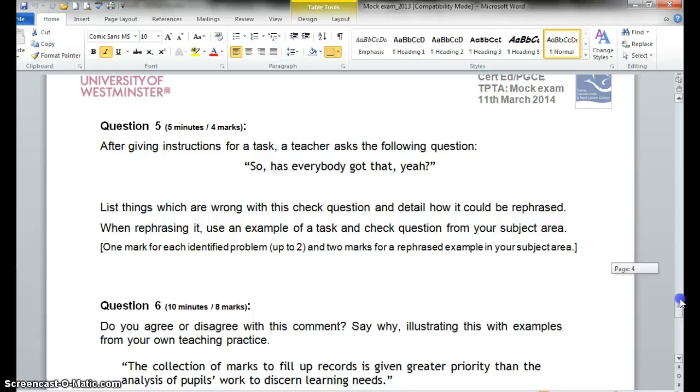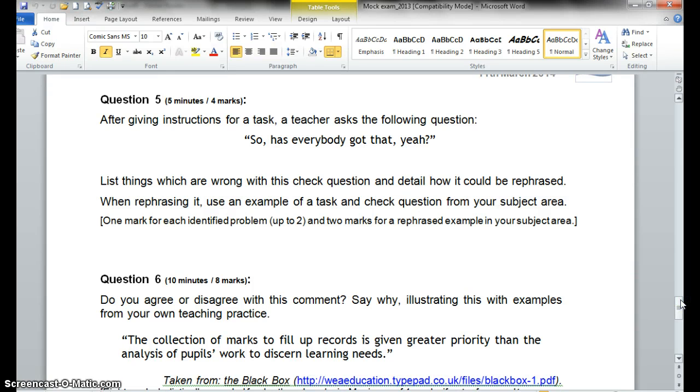Question 5 was about checking instructions. So there were instruction checking questions rather than concept questions. So the idea is that a teacher says, so has everybody got that? Yeah. This is not a good way to check that students understand your instructions.